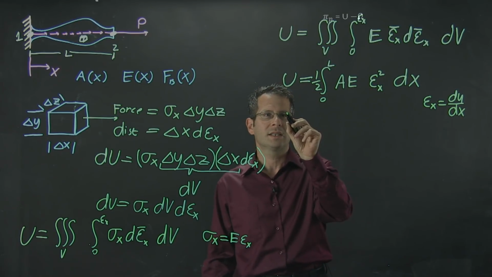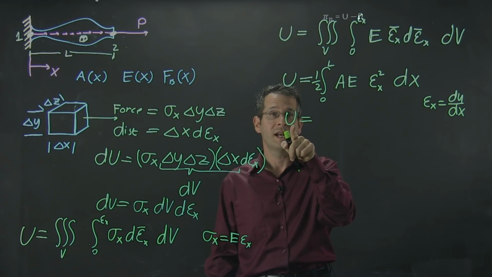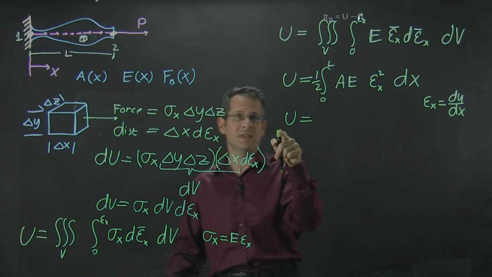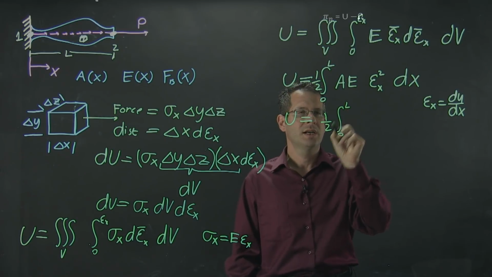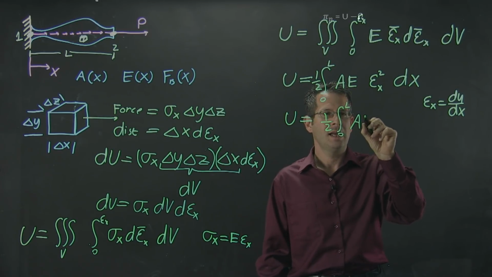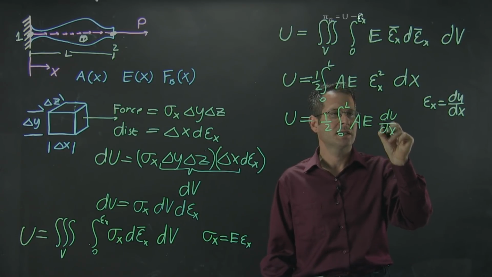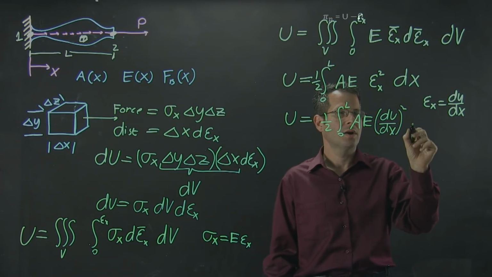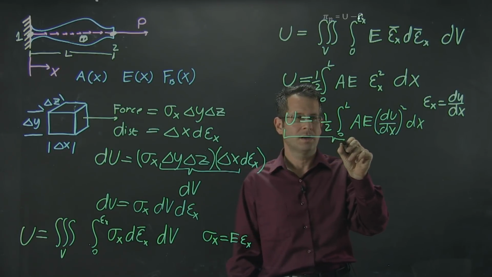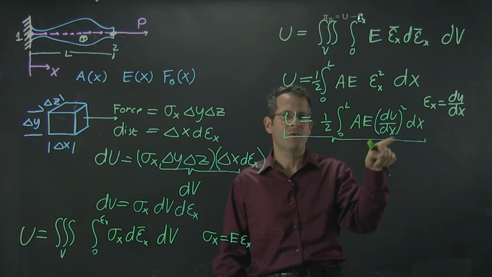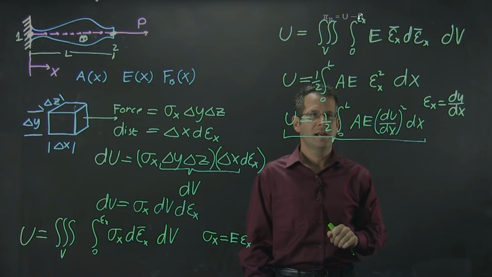So the total strain energy in my bar, big U, is just 1/2 the integral from 0 to L of A E (du/dx) squared dx. All right, so now I found a formula for the total strain energy in my system.